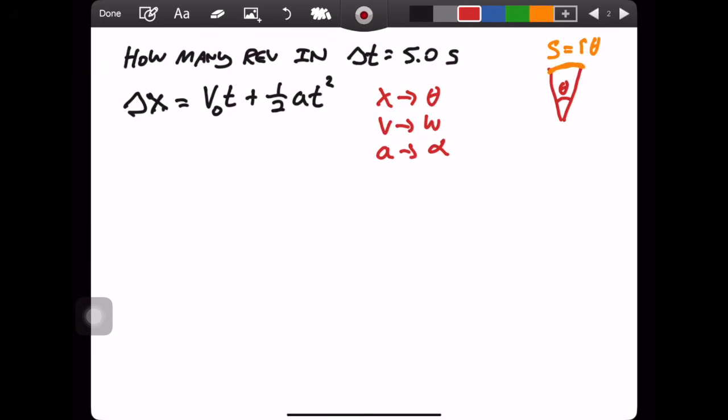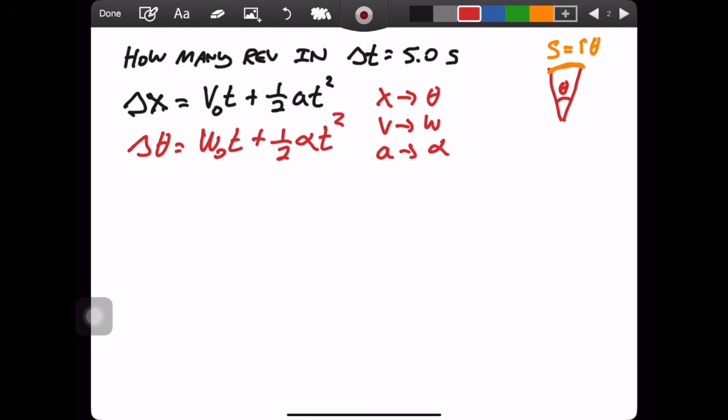So you can just take the linear kinematic equations for constant acceleration and make these direct substitutions. So I can say delta theta is equal to omega naught t plus 1/2 alpha t squared.